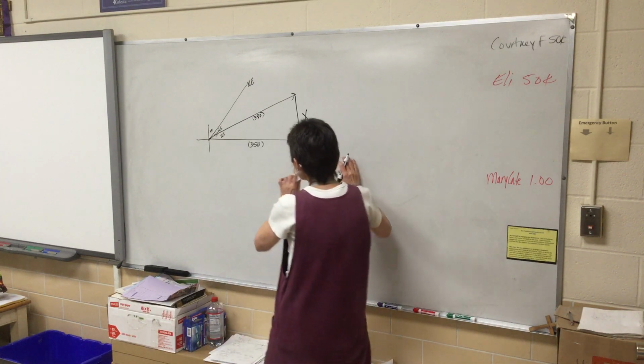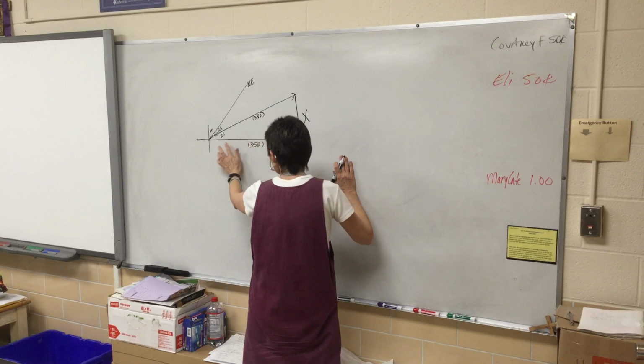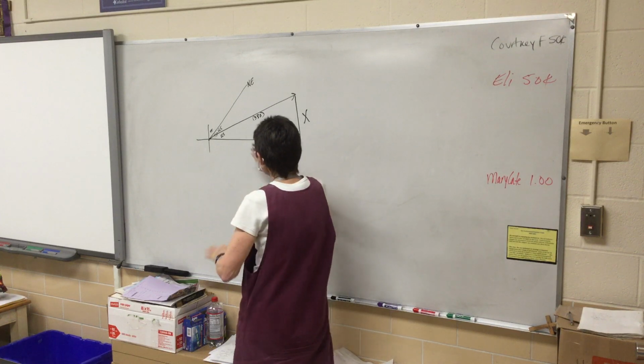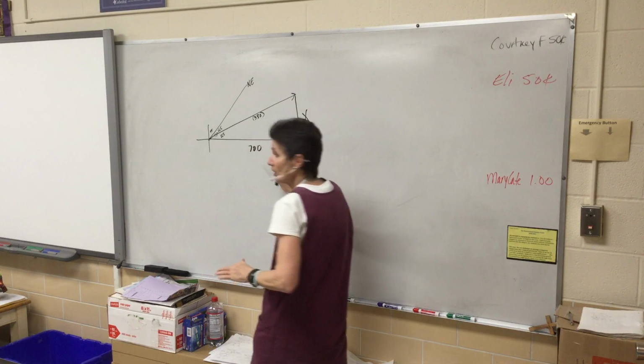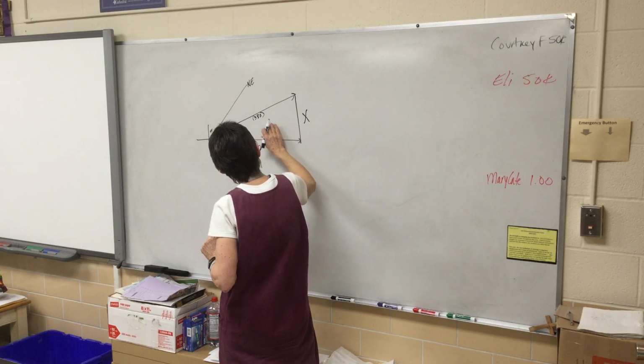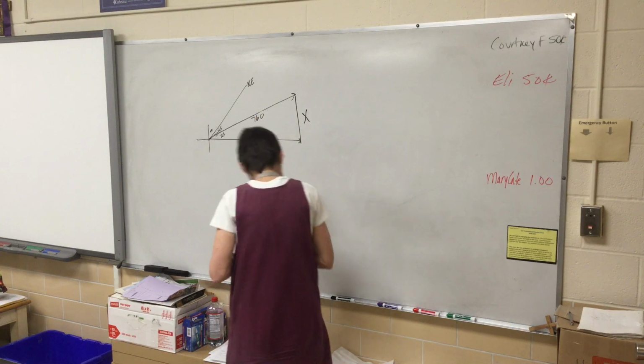Okay, so what does that tell me about the length of this vector? Remember, the guy's going 350 miles an hour. So the length of this side is 700. And this guy's going 380, so the length of that one would be 760.